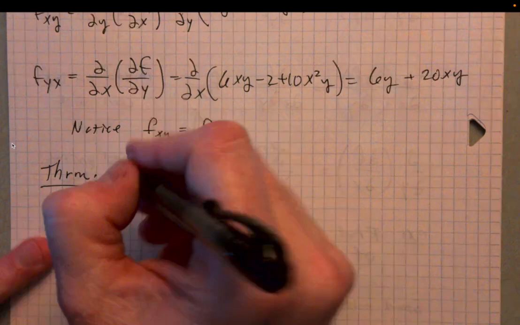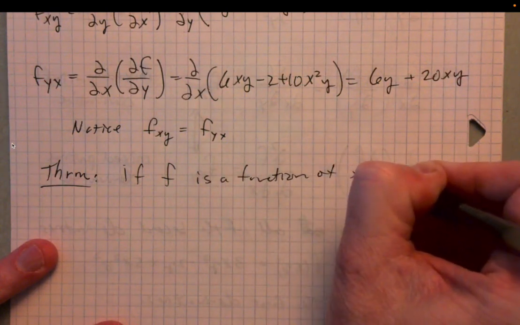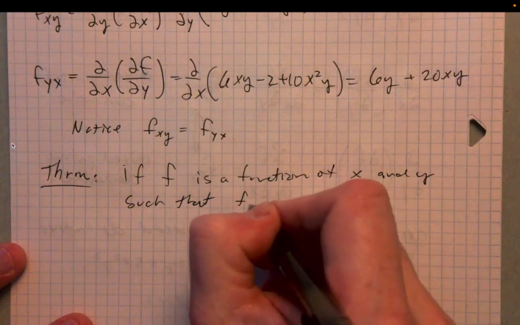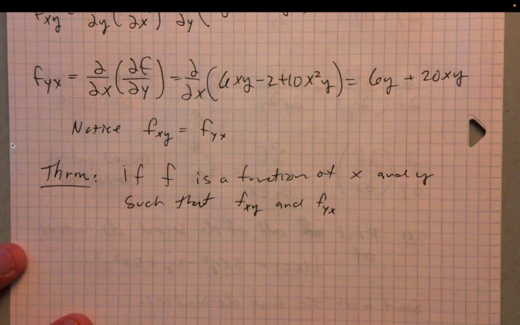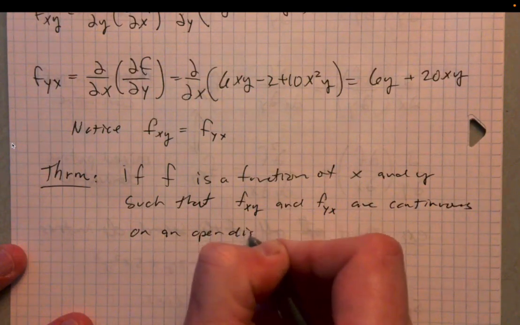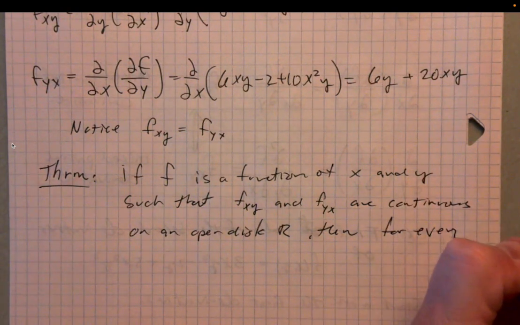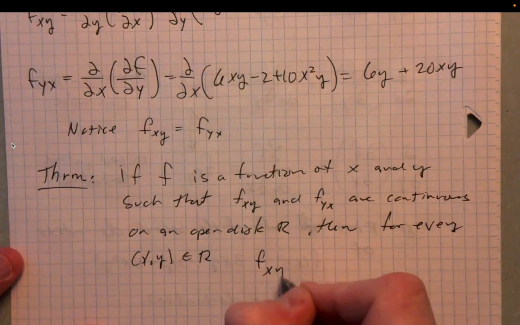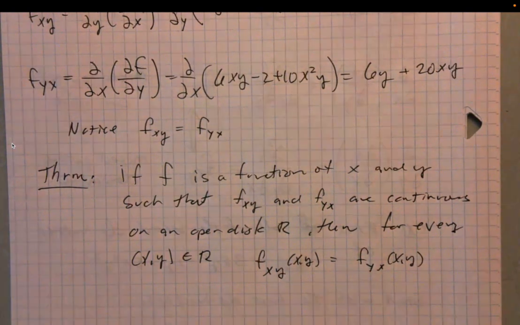What we'll say here is that if f is a function of x and y such that f sub xy and f sub yx, the mixed partial derivatives here, are continuous on an open disk R, then happily, for every xy in the open disk R, the mixed partial derivatives match. So the mixed partial derivatives match, which is what we just saw in the previous example.